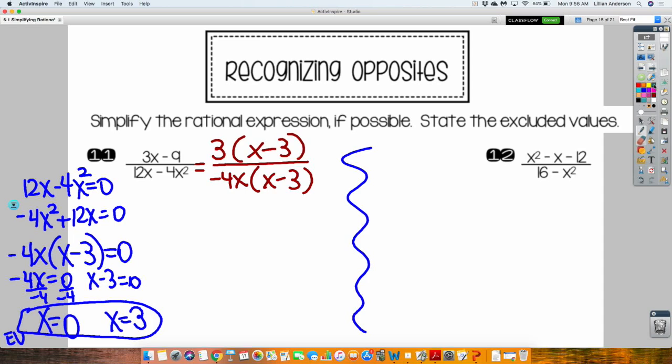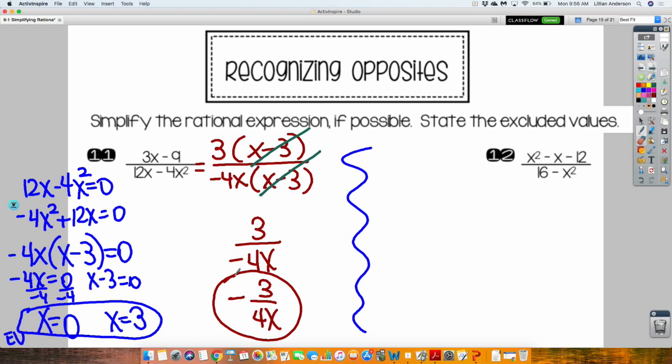I can cancel out my x minus 3s. So then that leaves me with a 3 on the top and a negative 4x at the bottom, which is really written as negative 3 over 4x. Okay? Anytime the denominator or the numerator is negative, it means the entire fraction is negative. And that's our answer.